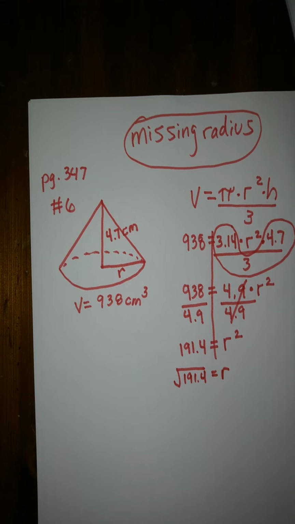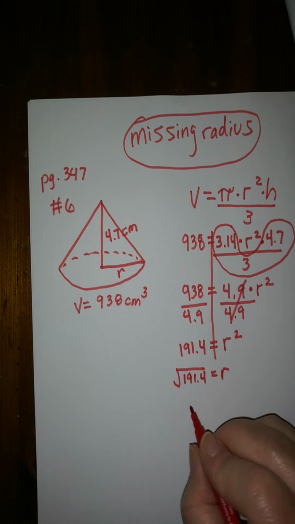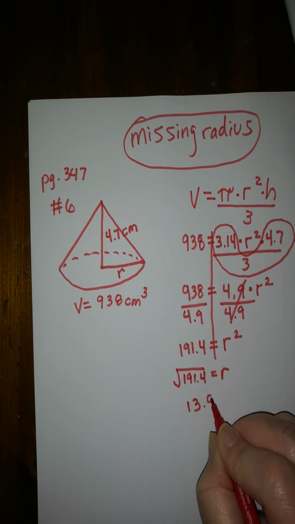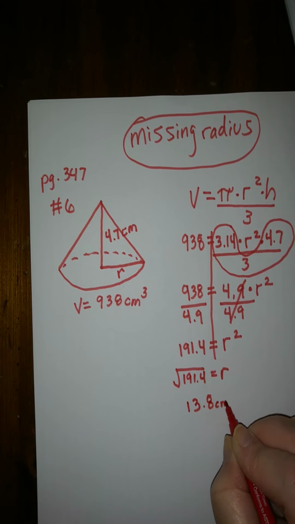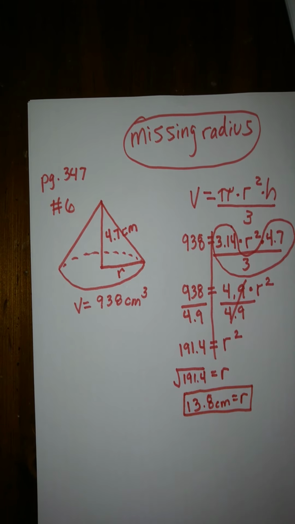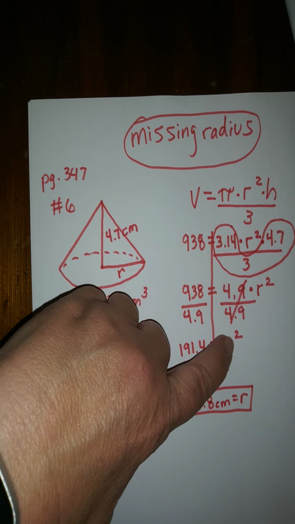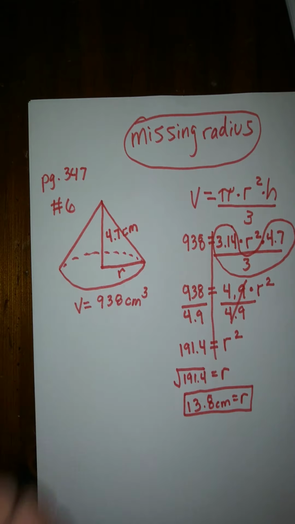So on your calculator, punch in square root of 191.4, and you end up with 13.8 centimeters for r. Okay, and that makes more sense in the picture. So it's the same as the missing height, but you have this extra step of square rooting because you're undoing that exponent of 2 there.